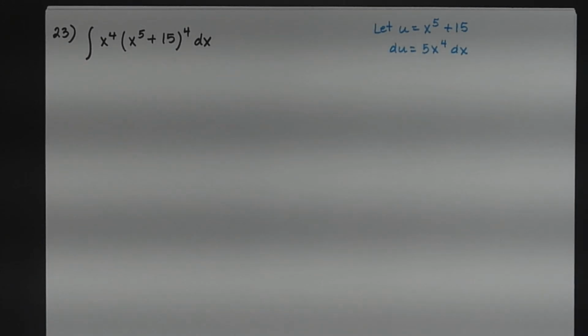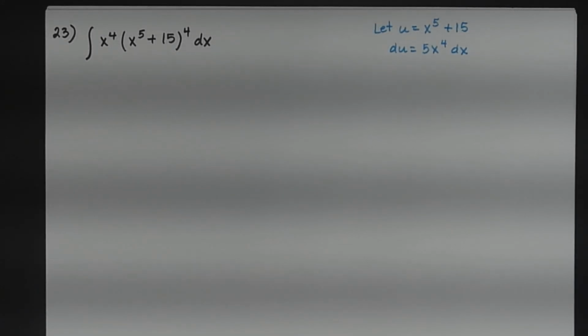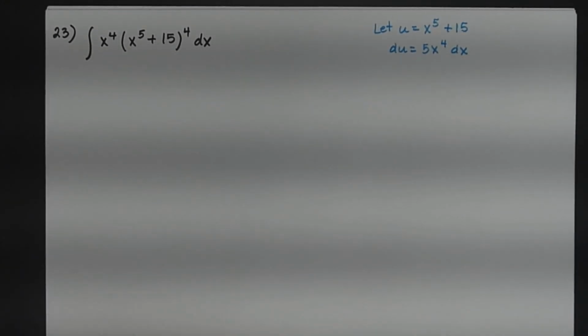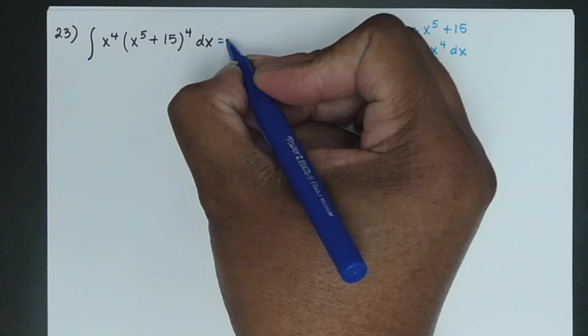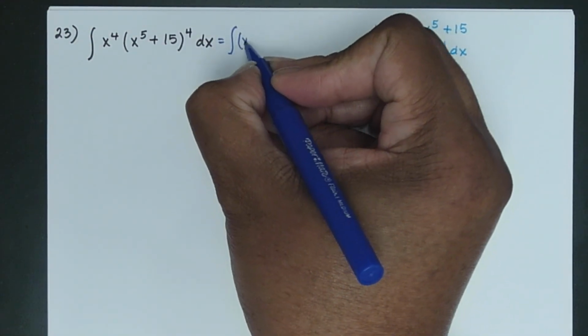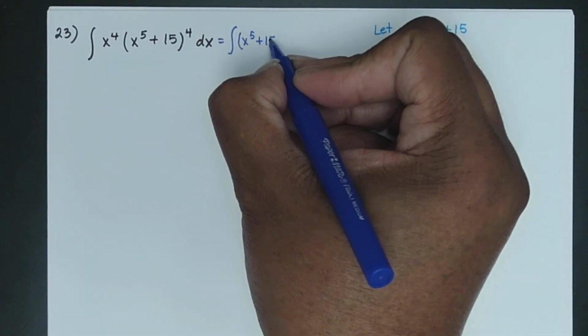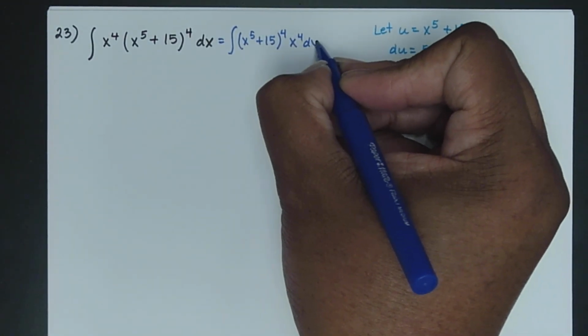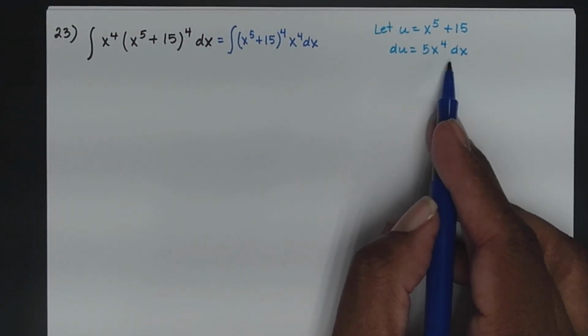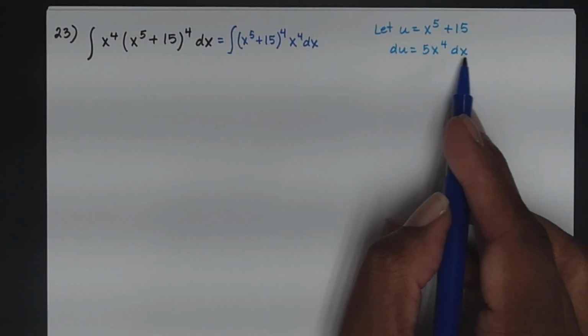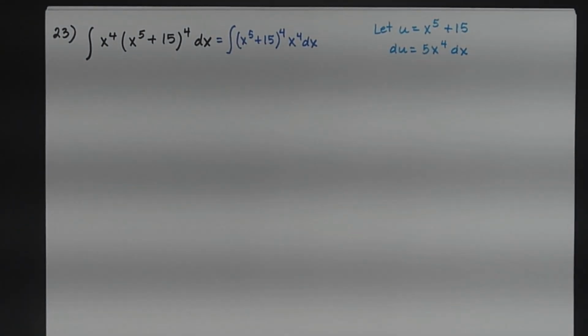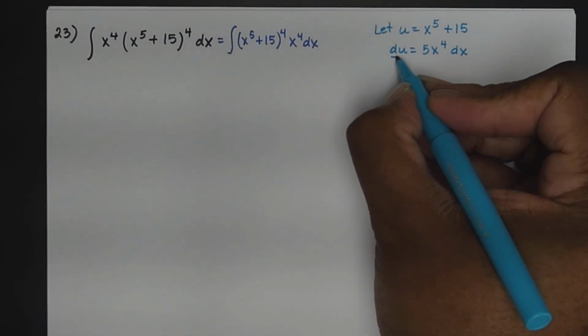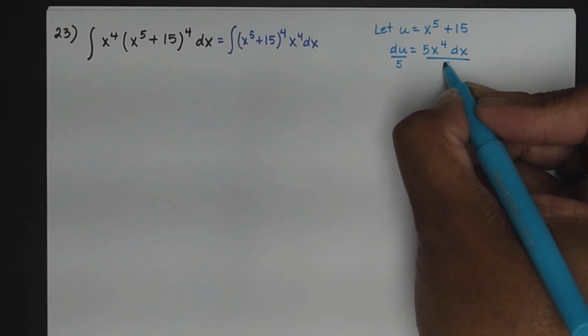Now, what I'm going to do here is rewrite this as the integral of x to the 5th plus 15, that quantity to the 4th, and then put x to the 4th with that dx, because you're going to see this is almost this. I can make this be x to the 4th dx by dividing both sides by 5.